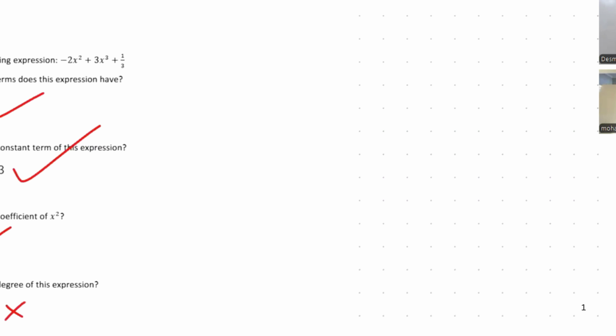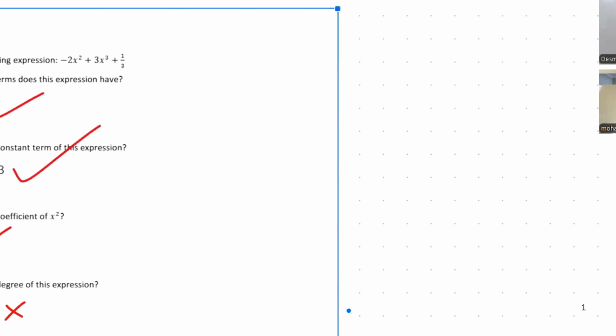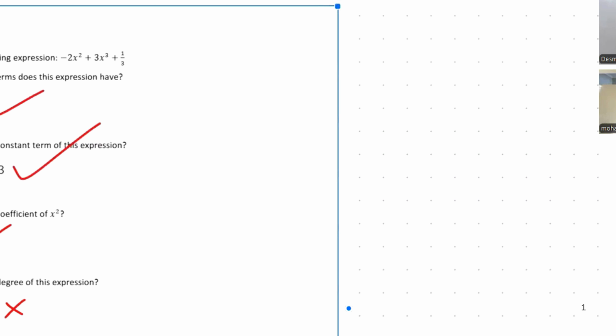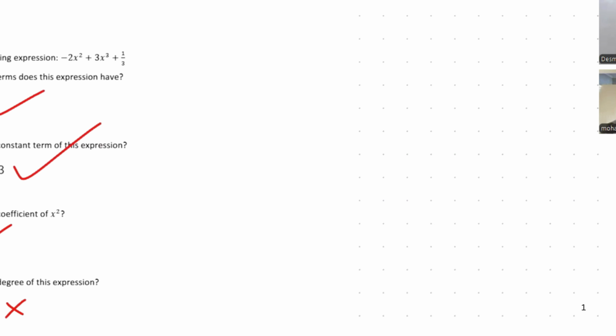Now let me explain how you do it. When they say the degree, they are referring to the exponent, and you are okay with that. But they're looking at the highest degree, not a combination, because when you say 5, you are adding the exponent of 2 and the exponent of 3.